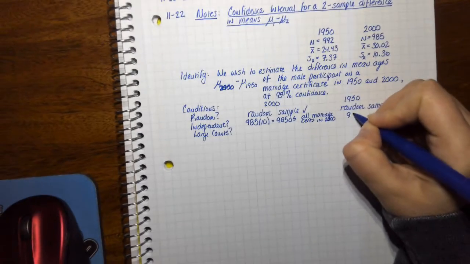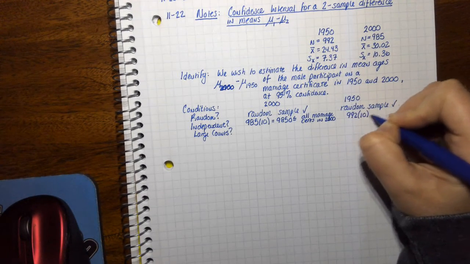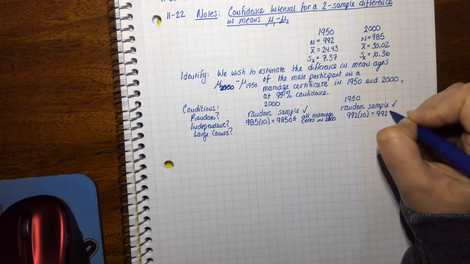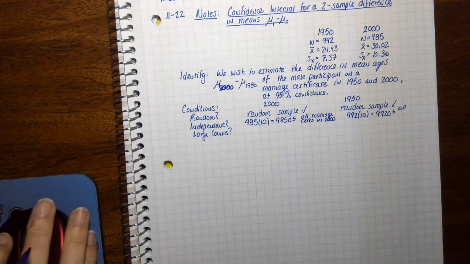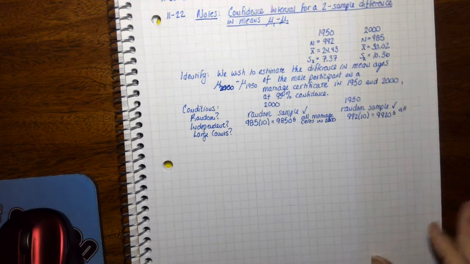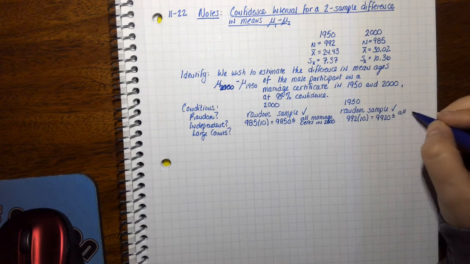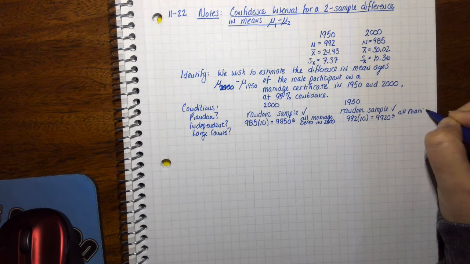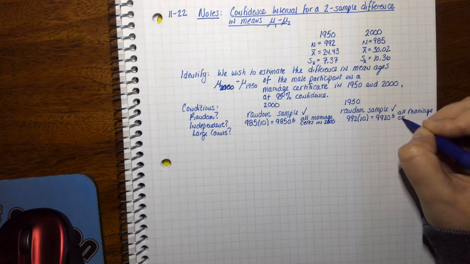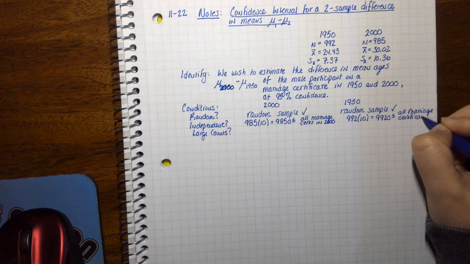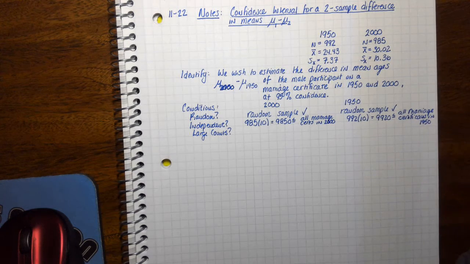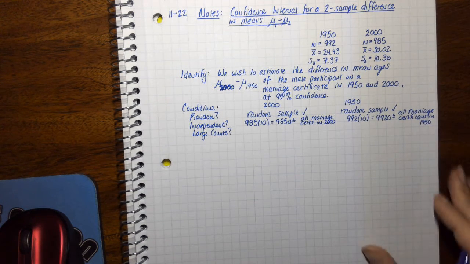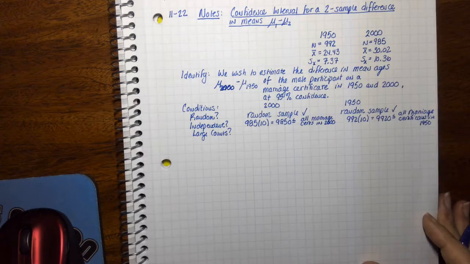And then I have 992 times 10, less than or equal to all marriage certificates in 1950. I feel like that's plausible.